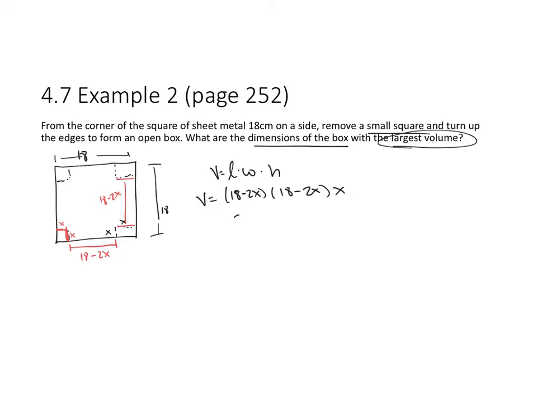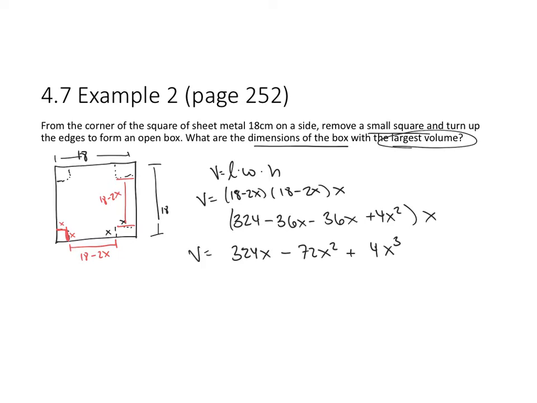So I have 324 minus 36x minus 36x plus 4x squared, and all of that is multiplied by x. So I have 324x minus 72x squared plus 4x cubed. That's my volume.